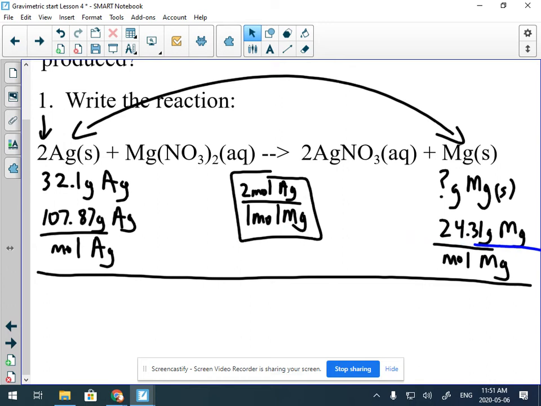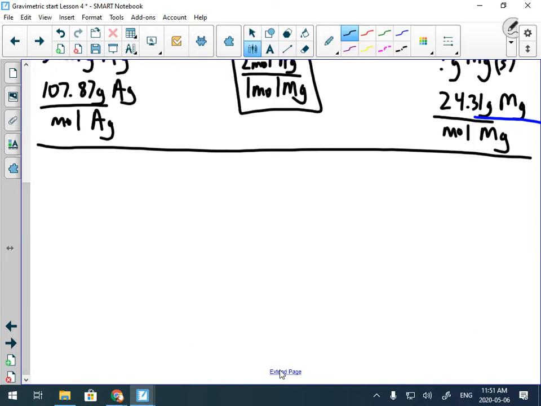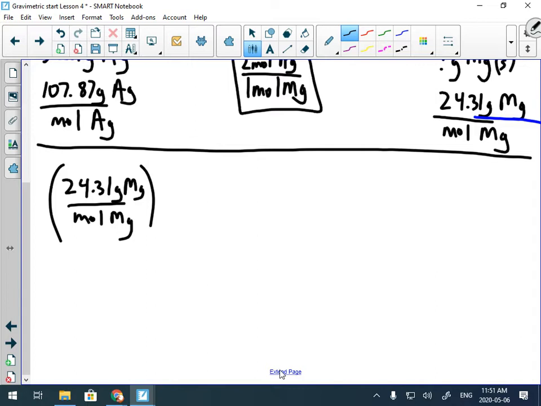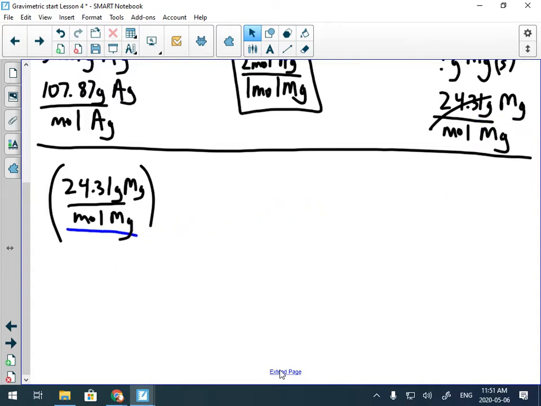So guess what I start with? I start with the molar mass. 24.31 grams per mole. Now that's grams of magnesium per mole magnesium. Perfect. Okay, once I use that, I can't use this variable anymore, right? Or this piece of math data. Okay, now I need to get rid of moles magnesium, right?